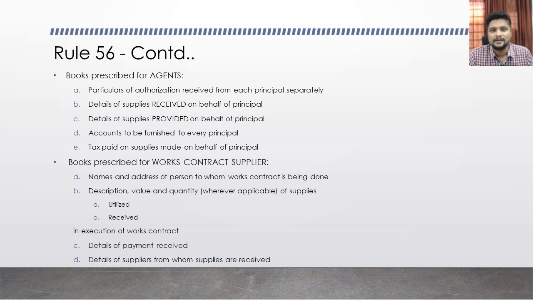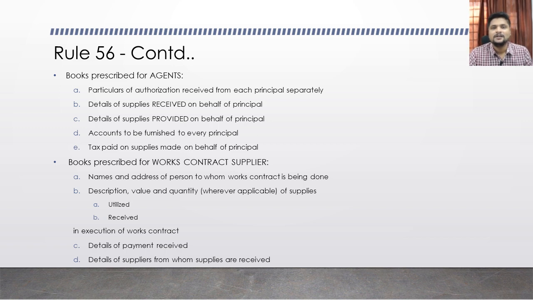So the agent has to maintain the details of those authorizations received during the tax period with regard to each and every principal separately. If the agent works on behalf of more than one principal, he has to maintain the authorization received from each principal separately.